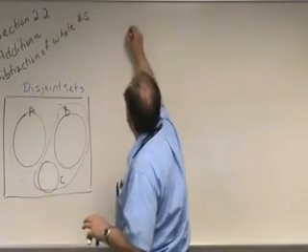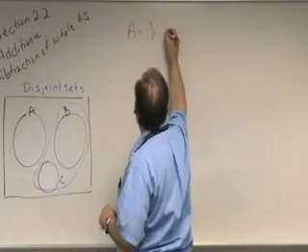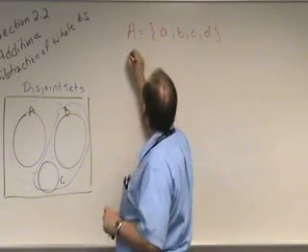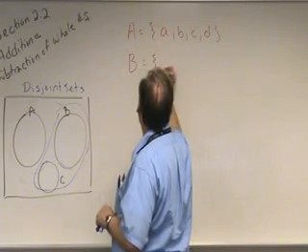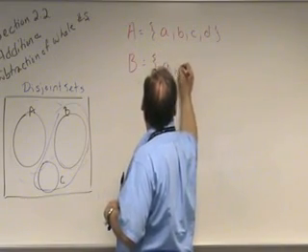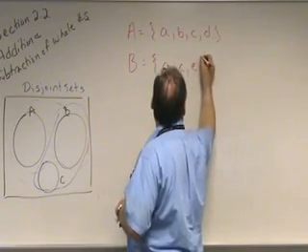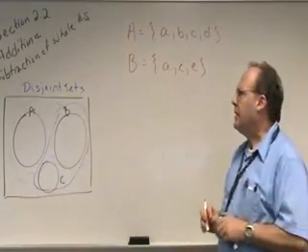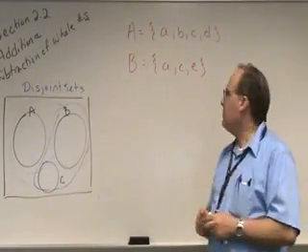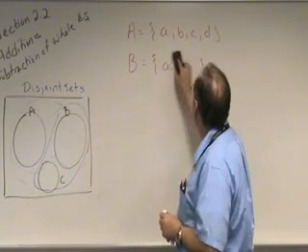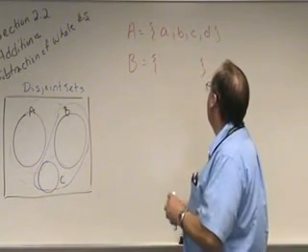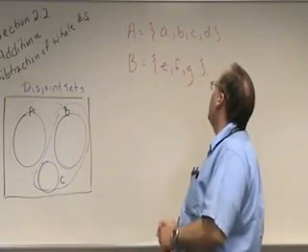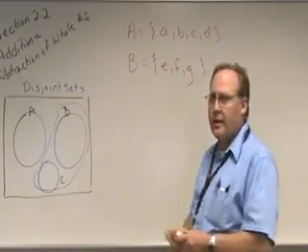And so let's suppose that I have set A as being A, B, C, and D, and set B as being A, C, and E. So you can see right there that these two sets are, well, different. I'll tell you what, let's make them disjoint so they don't have anything in common. E, F, and G. All right, so these are 2 disjoint sets.